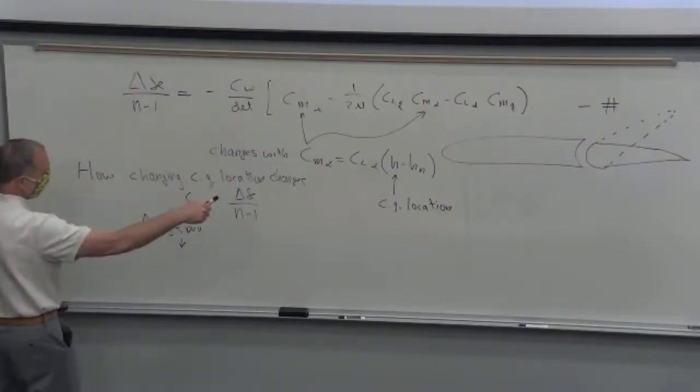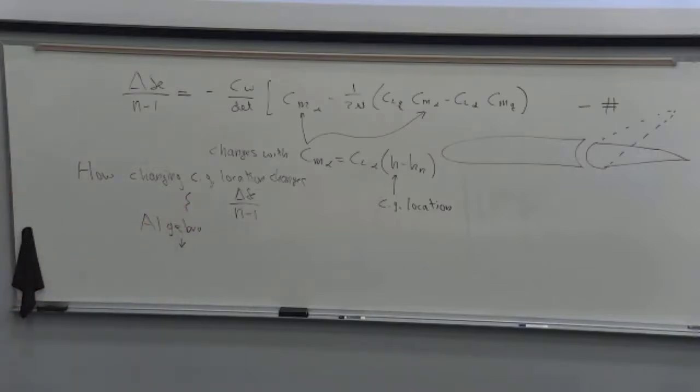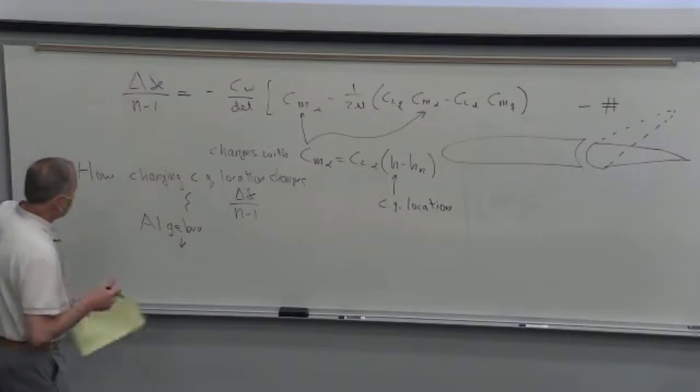Actually, I'm going to switch over to the board. I don't want to kneel down to write this long equation. So I'll let you guys catch up here. So we're going to plug that in up there for CM alpha, factor some stuff out. That's all we're doing is algebra.